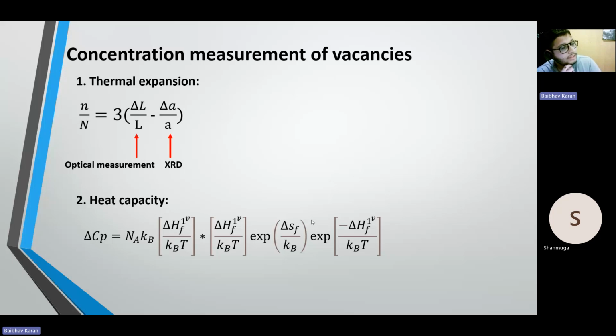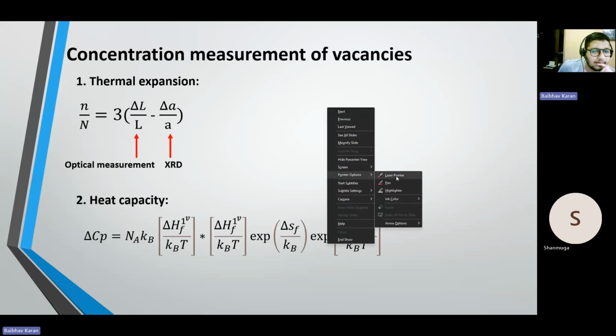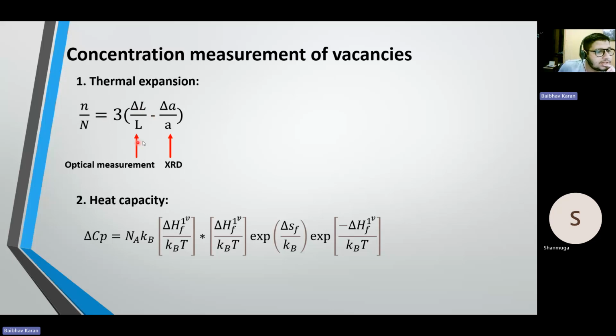So the increase in length or volume of the material will depend on two factors. First is the normal thermal expansion, which is the property of the material. Second is the creation of new vacancies, how many vacancies are created. Solving these equations, we get that the fraction of vacancies created is related to the change in length or dimension of the material due to the thermal energy provided, and the change in the crystal lattice parameter.